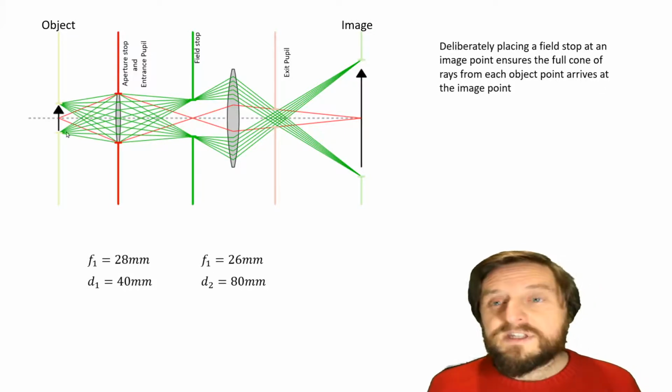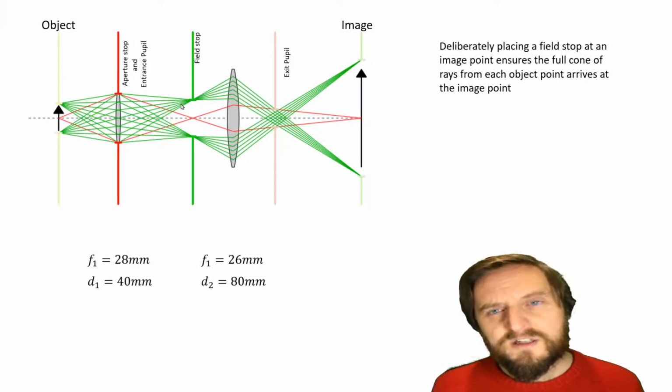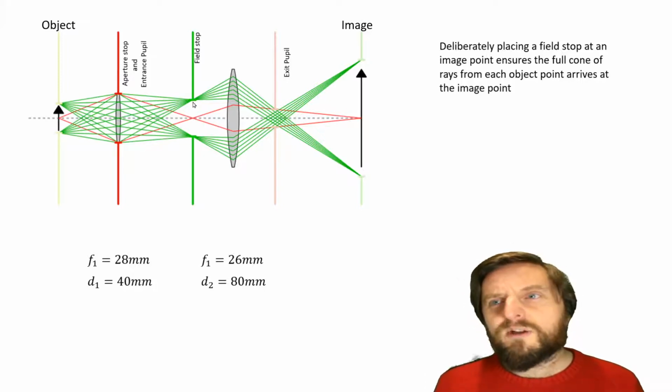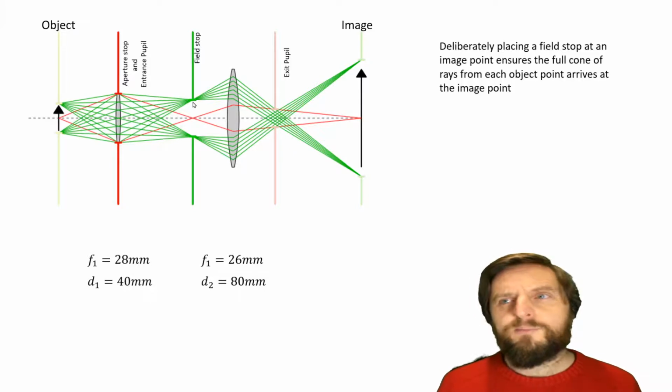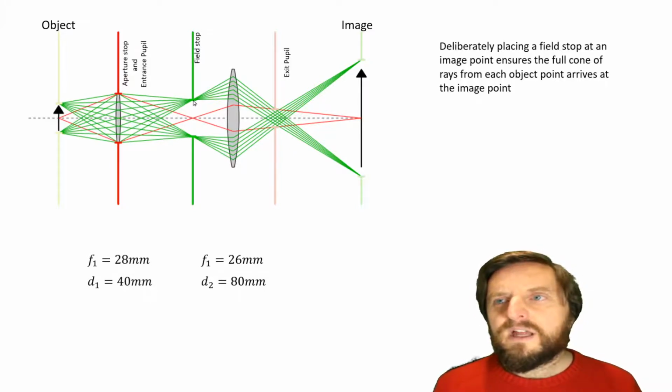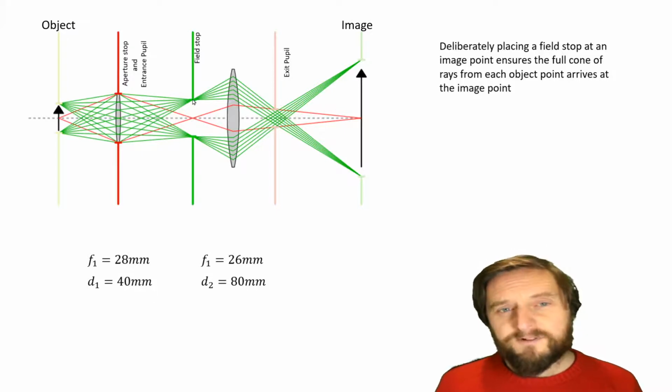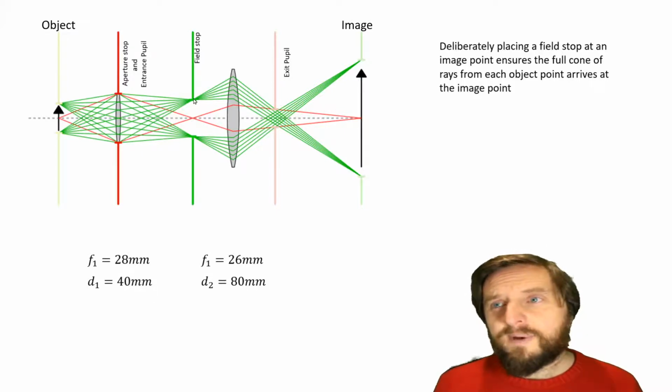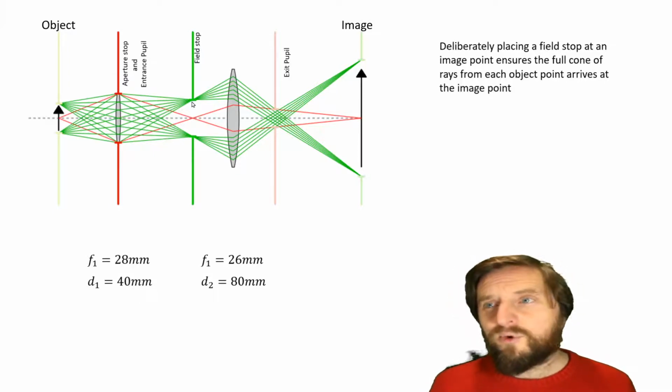What happens here is all the rays of light from a particular object point come back together at a point at this place. So when I put the field stop in here, any ray of light from an object point that passes that edge, then all the rays of light from that point will.